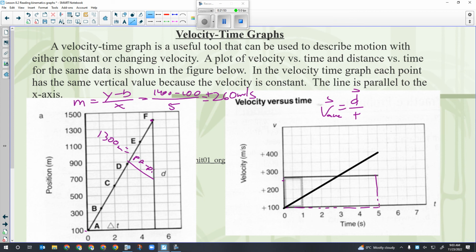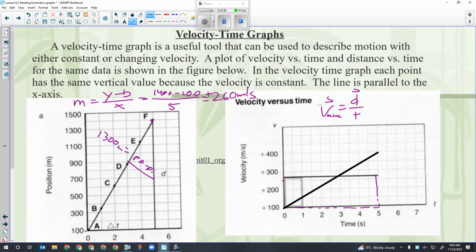Okay, on this graph, I calculated velocity by finding the change in position and dividing it by the change in time, because velocity is the rate at which I change my position. Acceleration is the rate at which I change my velocity. So I calculated velocity, which is the rate of change of position, by getting the slope. Could I calculate the acceleration, which is the rate of change of velocity, by getting the slope?